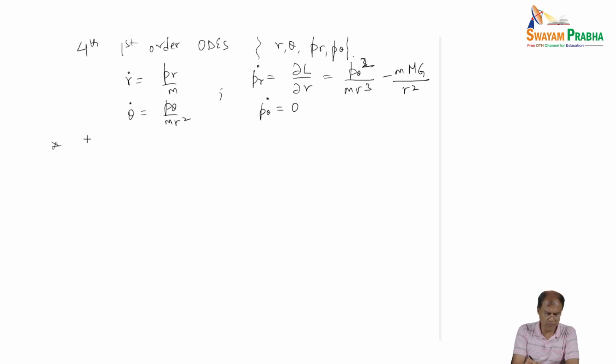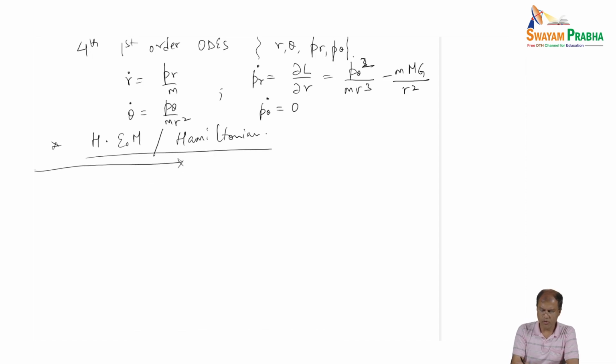The eventual goal is we want to find the Hamiltonian, right? So that is what we have, and to do that, let us shift our attention towards the Legendre transform.